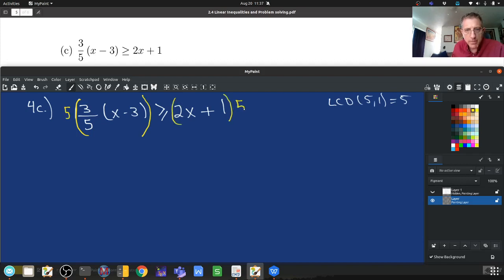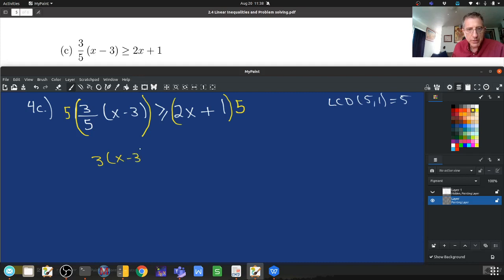The number one mistake I see at this level is you'll get the left-hand side right, but the right-hand side is made up of two terms. 2x is one of the terms, and 1 is the other. You have to multiply both of those by 5, so you need to put them in parentheses. So 5 times 3/5 times x minus 3 is the same as 5 divided by 5, which is 1, times 3 times x minus 3.